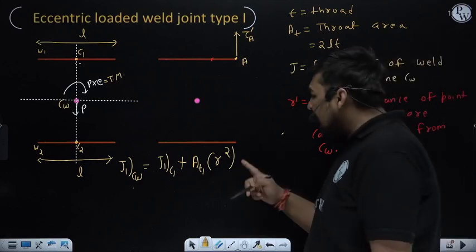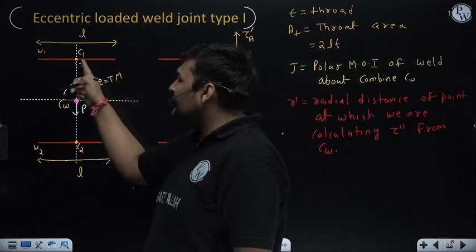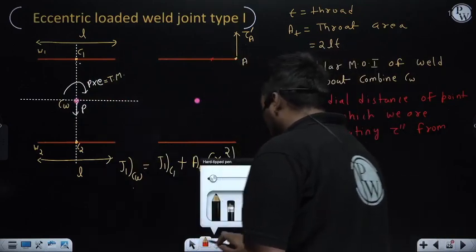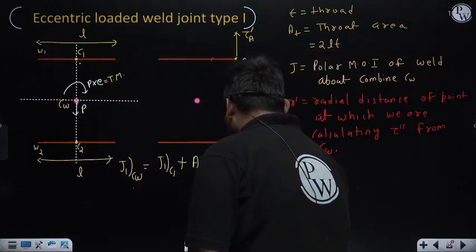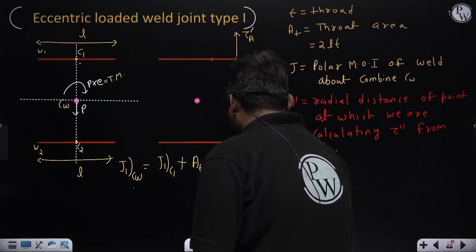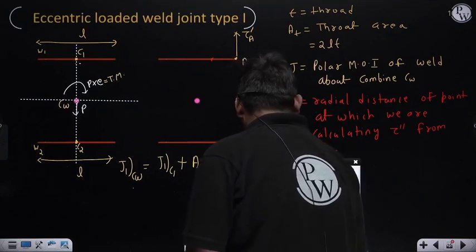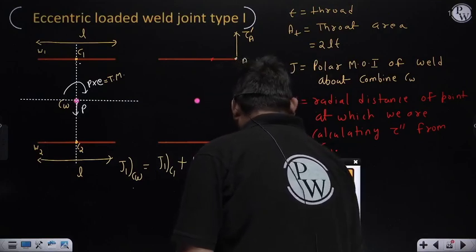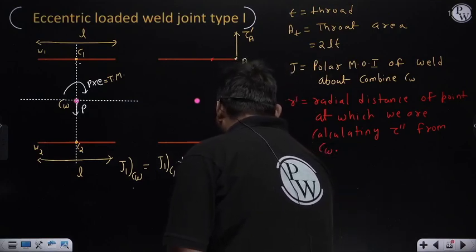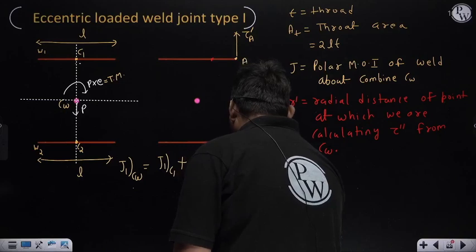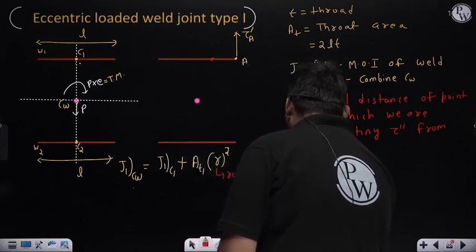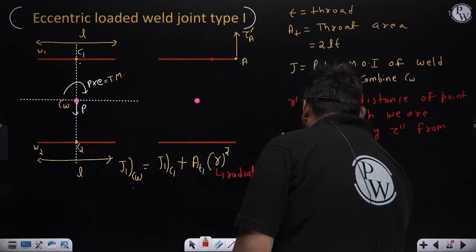R is the radial distance between C1, the centroid of weld 1, and CW.